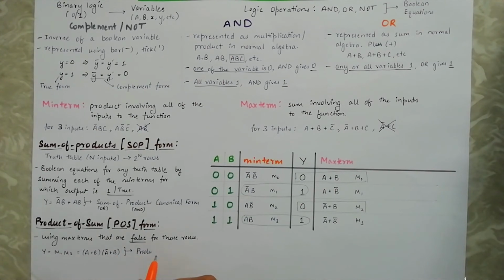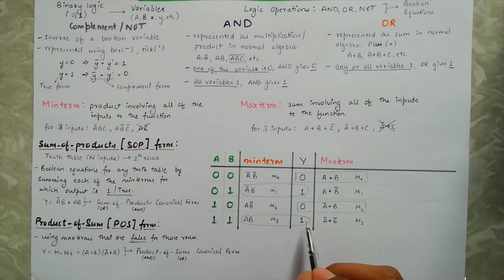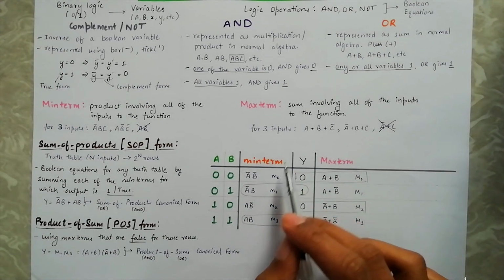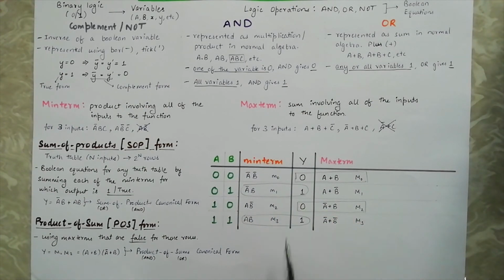This is called the product of sum canonical form of a function, in short POS form, as it is a product of sums formed by maxterms. Note that the SOP form produces a short function when the output is true only for a few rows, and POS gives a short function when output is false only for a few rows.